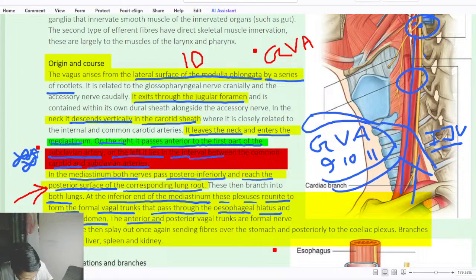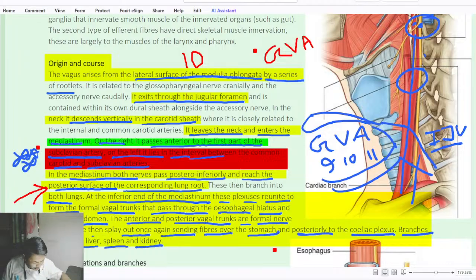The anterior and posterior vagal trunks are formed of nerve fibers. These then splay out once again, sending fibers over the stomach and posteriorly to the celiac plexus. Branches pass to the liver, spleen, and the kidney. So see their power, vagus nerve power.